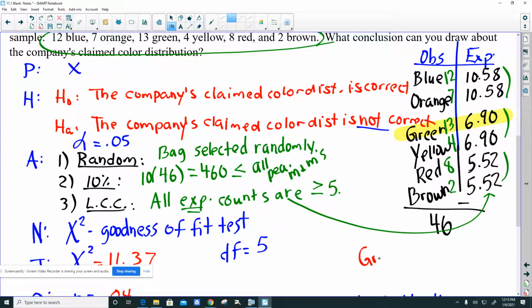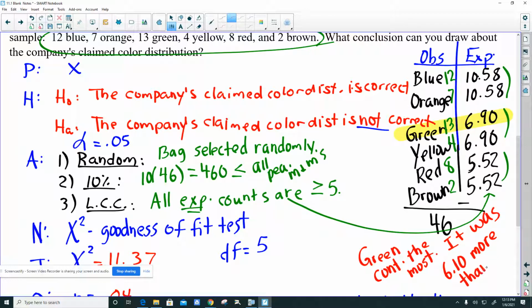Green contributed the most. It looks like the difference between 13 and 6.9 was 6.10 more than expected.